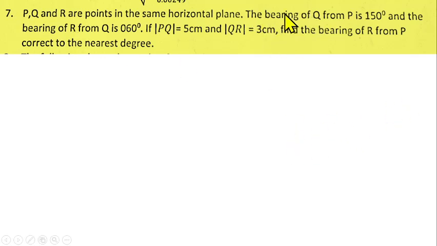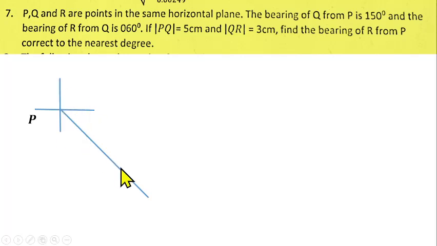The bearing of Q from P is 150 degrees. So we are starting from P. So draw your cardinal point to represent P, and the bearing of Q from this P is 150. So 150 will fall around here. So draw your straight line, because from here to here is 90 and from here to here is 180.